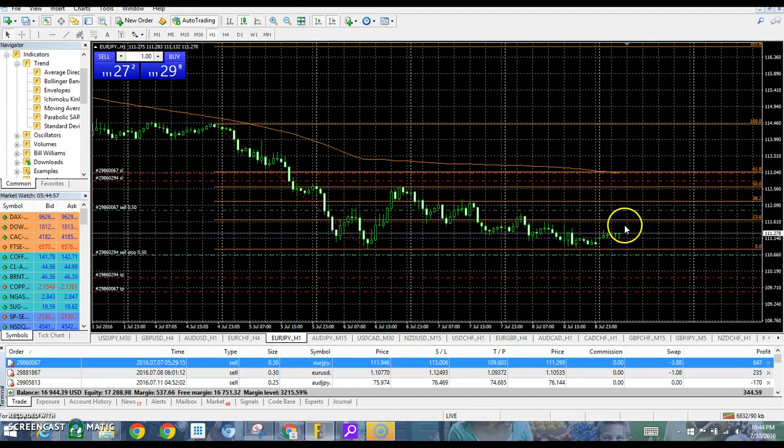And if the market pulls back a little further, if you're an aggressive type of trader and you want to enter the market a little early, you could enter it around the 112.090 area where my sell currently is. But just be careful and have your reasons why you're entering the trade. Don't just jump in just because I'm in it.